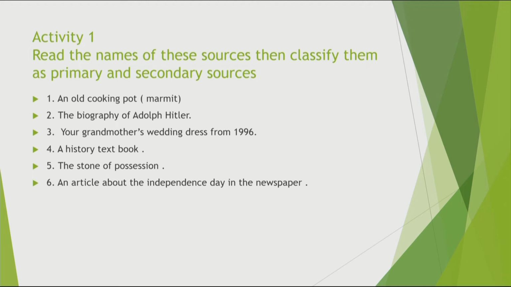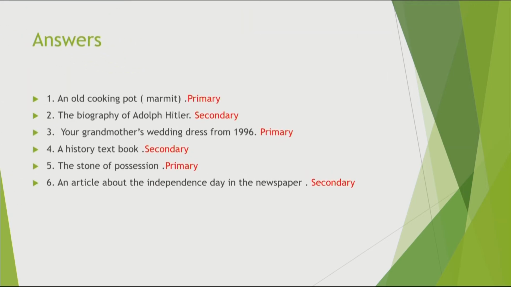Okay. Now let us look at the answers together. You can correct your work as we go along. So, number 1, the old cooking pot marmite is a primary source. 2, the biography of Adolf Hitler is a secondary source.